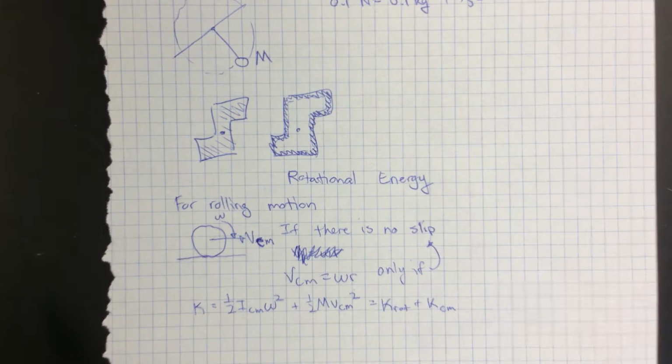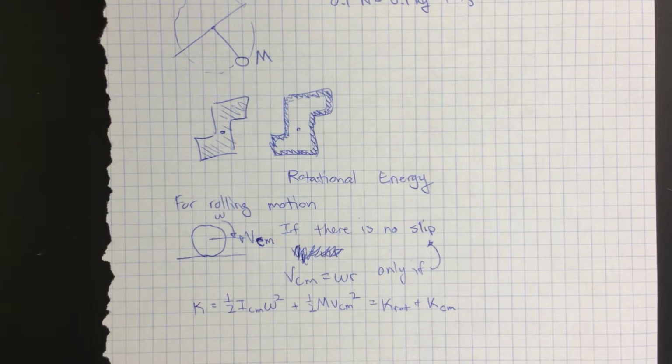Okay, let's look at how we can apply this. Notice that this has to be the moment of inertia about the center of mass. And then omega is how fast it's spinning.